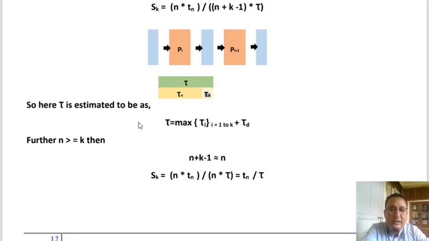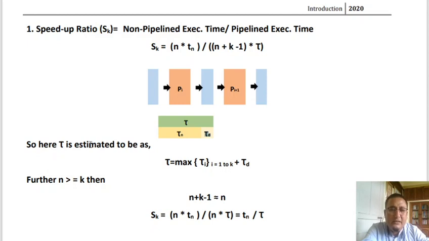So now here in generic context, tau is estimated as the maximum of all the tau i's, right? Because different phases may require different amounts of execution time. For example, instruction fetch, instruction decode, operand fetch, operand execute, and operand store may not take the same amount of time.